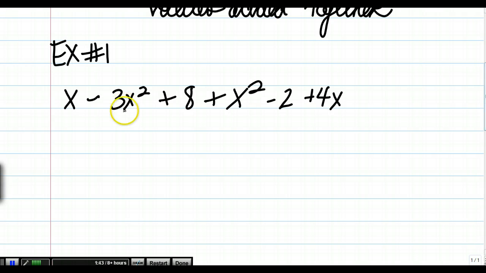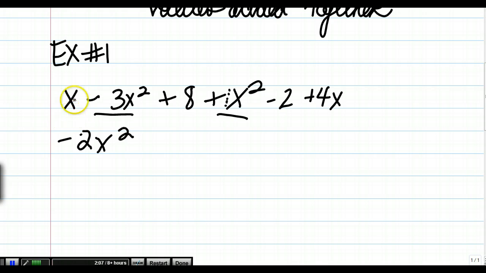So I would start with the biggest exponent value, which is x squared. I know that these are like terms because they both have an x squared. And really what's in front of the x squared here is a positive 1. So I'm going to have negative 3 plus positive 1, and I have negative 2x squared.